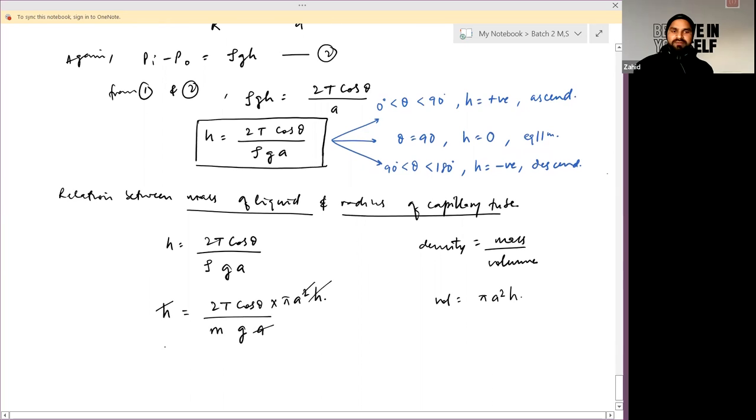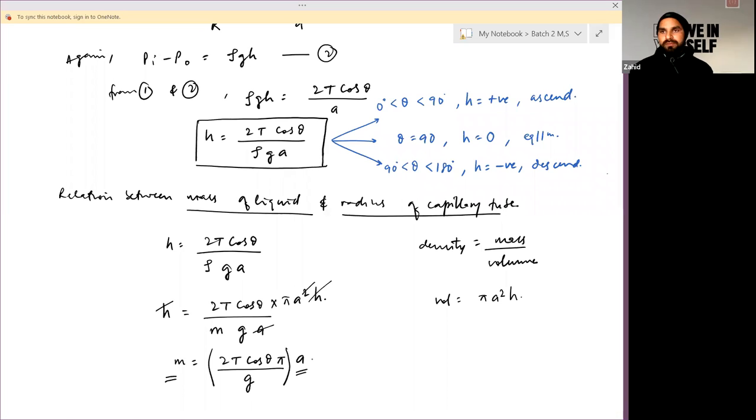So move this m to the left side. So m will be equal to 2T cos theta times pi into A divided by g. These all are constant, so m is proportional to A. So the more the radius of the capillary tube, the more mass of liquid will rise or fall due to its interaction. Is it clear?